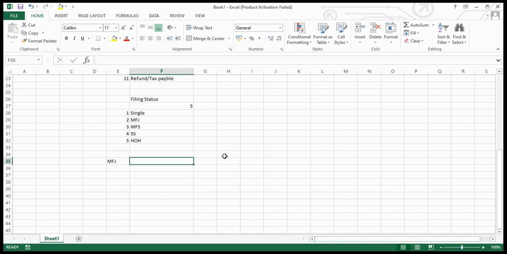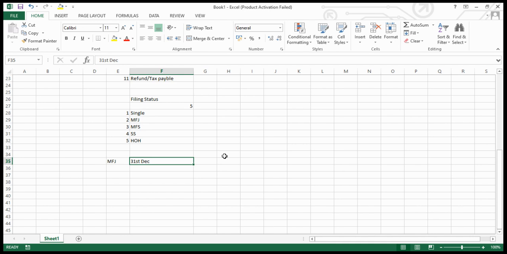How do you know at what date to consider whether he is married or not? That is a simple question, because the day on which we take the marital status is the main judgment to arrive at MFJ. The date is 31st December. In the US the tax year is the calendar year. There is no separate financial year like April to March. Here the calendar year is treated as the tax year.